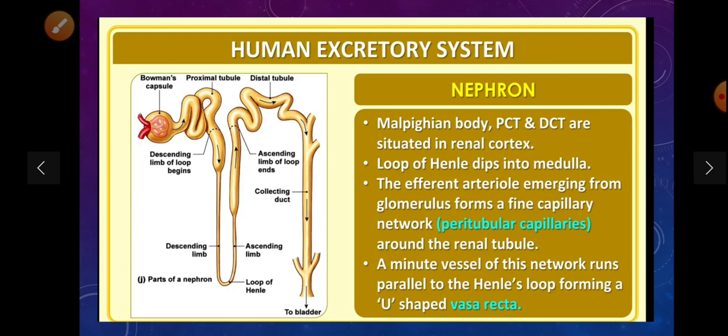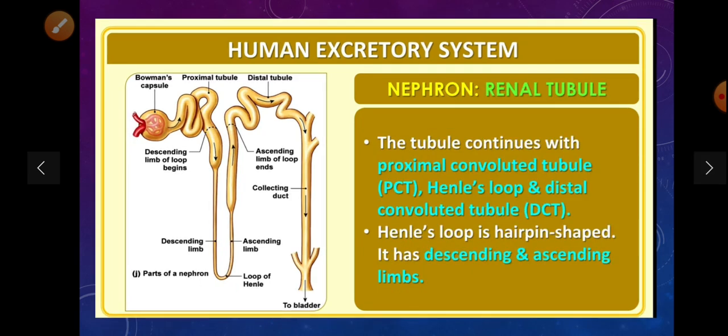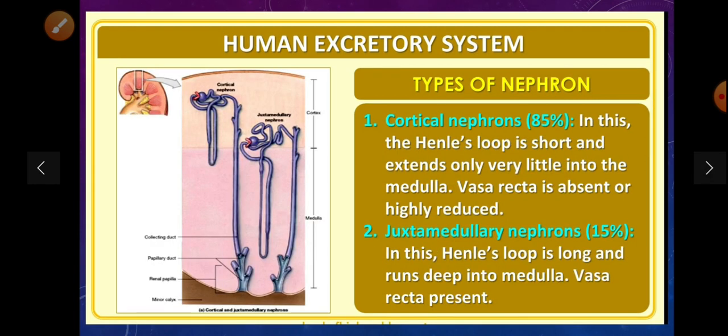A minute vessel of this network runs parallel to the Henle loop, forming a U-shaped vasa recta. The tubule continues with the proximal convoluted tubule, that is PCT, Henle's loop, and distal convoluted tubule, that is DCT. Henle's loop is hairpin shaped with descending and ascending limbs, that I already explained to you.